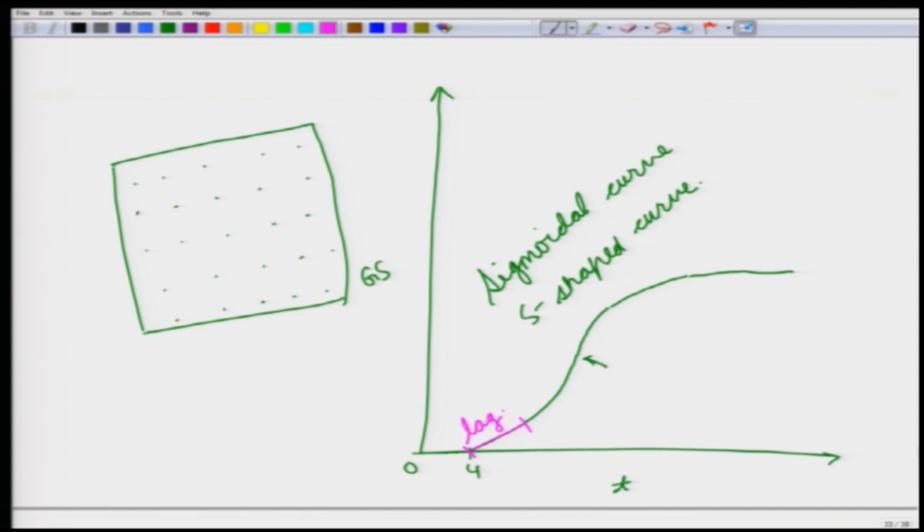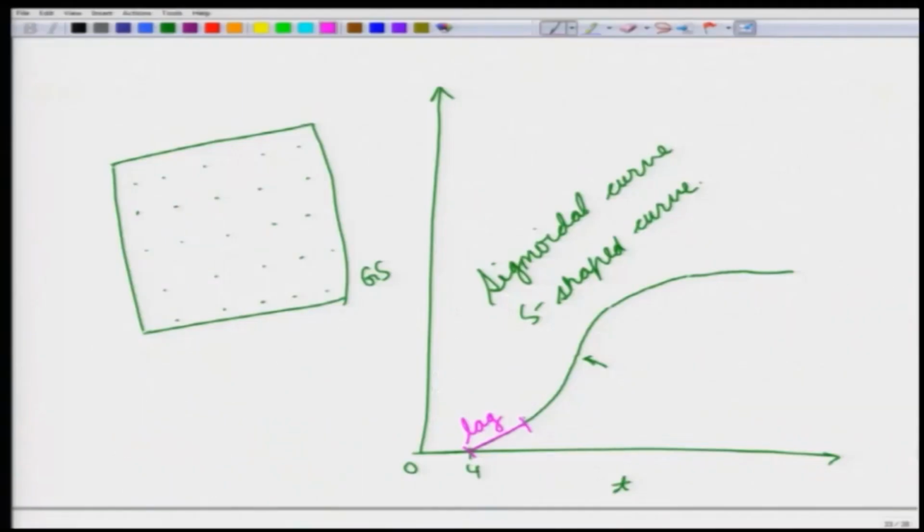In the lag phase the growing stock is increasing, but it is increasing at a slow pace. So, it is increasing very slowly. Next we will have an exponential phase, also referred to as the log phase.